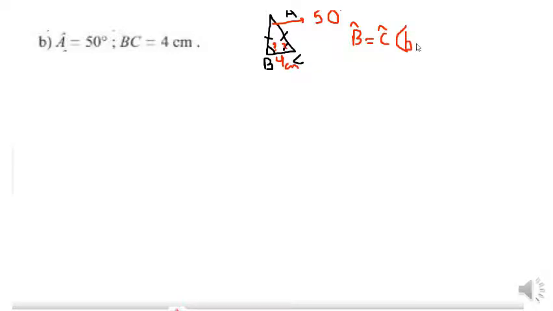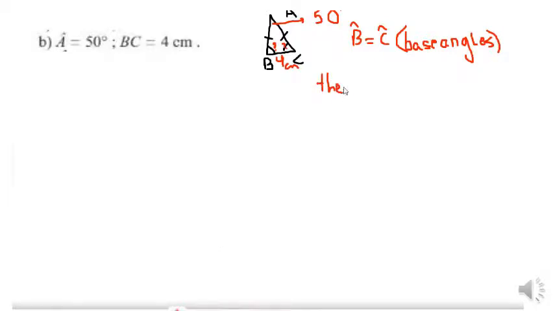Okay, so starting, we say that angle B is equal to angle C. Why? Because they are base angles of the isosceles triangle ABC. Okay, so how to find B and C?